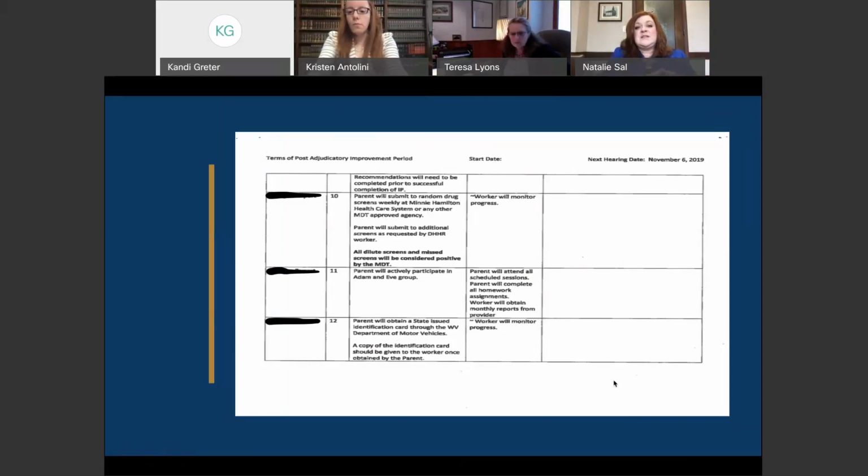Terms and conditions that will help the families and help the parents commonly are going to include parenting, and that parenting education really should be with service providers who are going to meet the parents where they are and look at the family where it is. It's not a matter of just handing them a booklet and going through what's in the booklet.